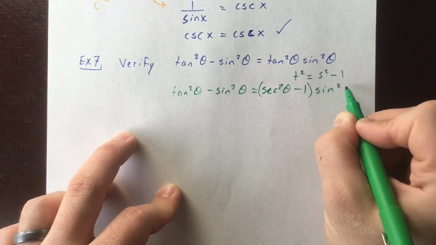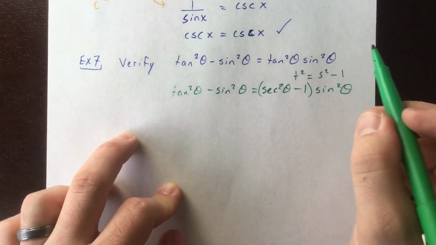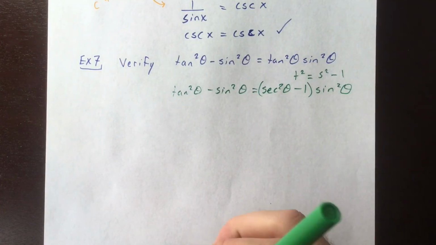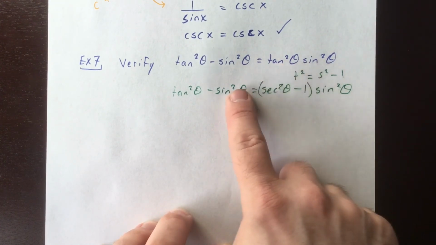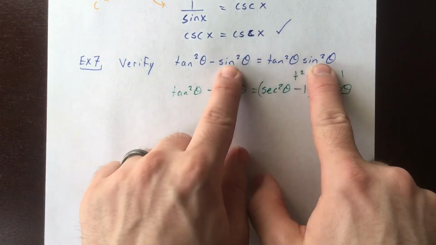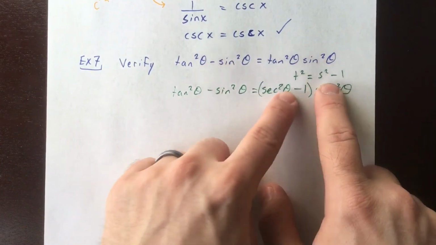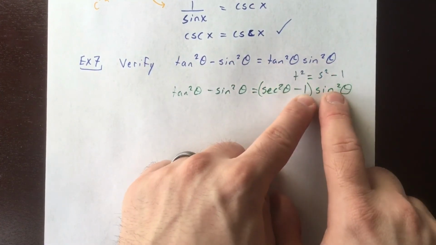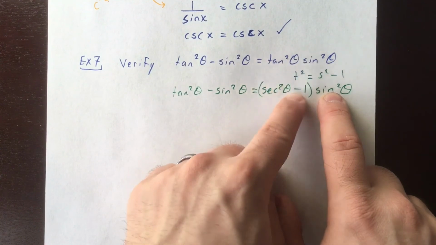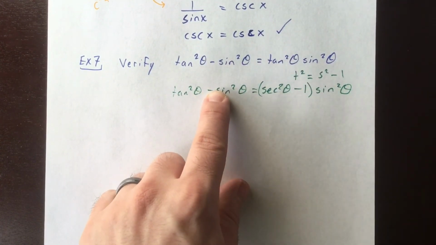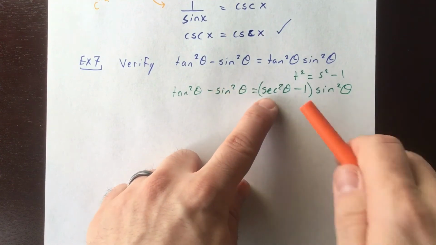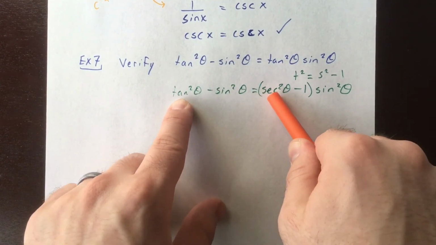And you're probably wondering, Mr. Beal, why did you choose to do that? Well, I chose to do that because knowing I can get a 1 from this, and knowing I have a sine squared, you could possibly see how getting this 1 from tangent, my sine squared is going to get us this minus sine squared. Now what's going to happen with this secant squared and how it's going to get us tangent, well, we'll see.